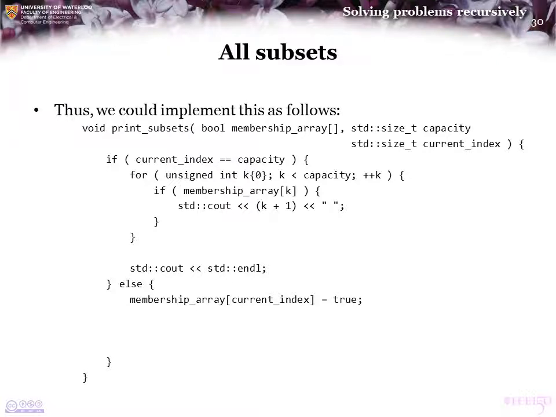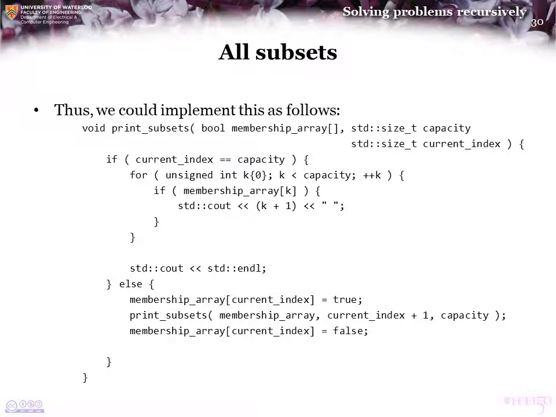So that's in the set. So now we will recursively call print subsets. Next, we'll indicate that the current index entry is not to be printed, and once again we will recursively call print subsets on everything that is left. Nice.